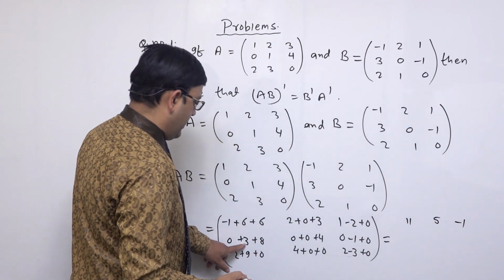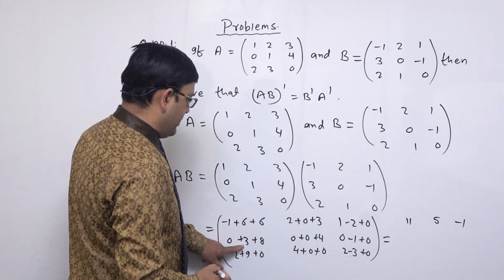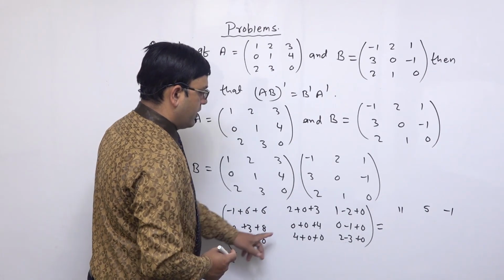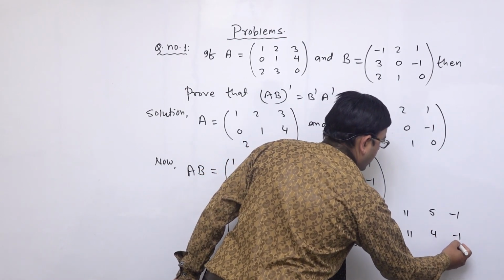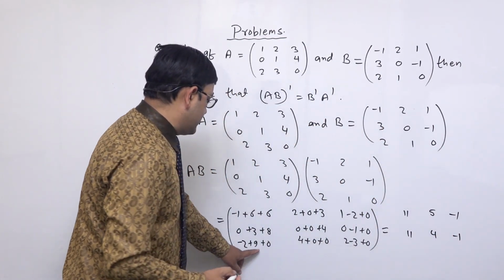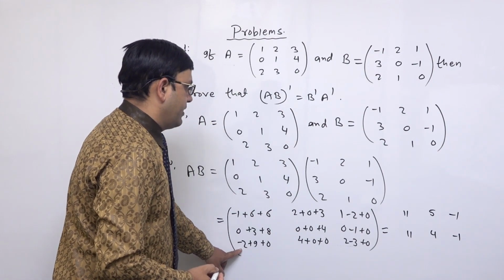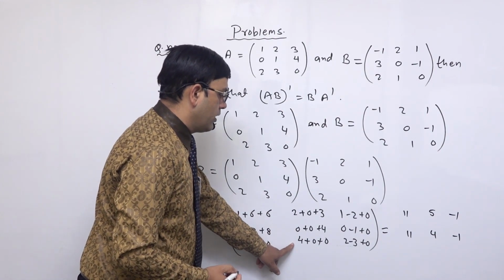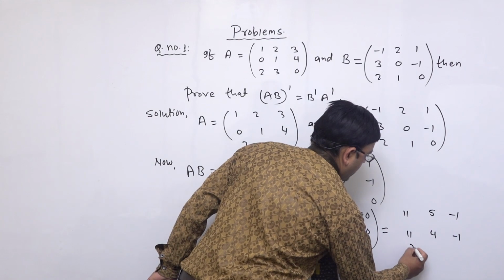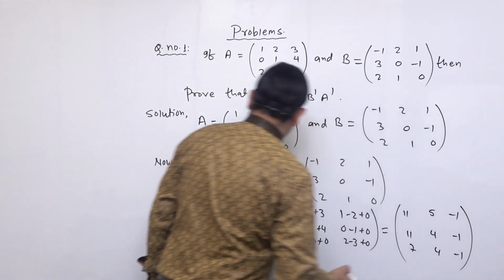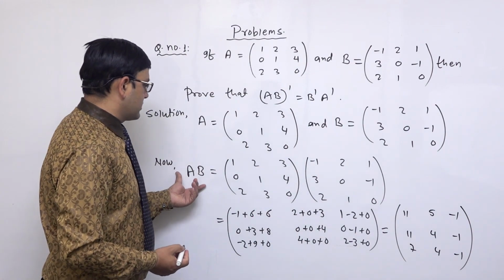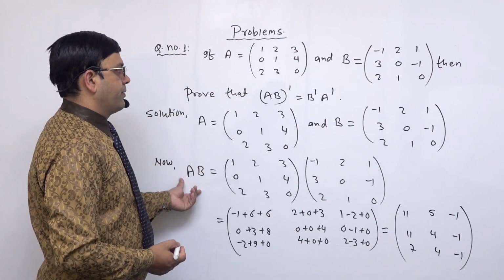Similarly, 8 and 3 became 11, this one is 4 and -1: 11 4 -1. Next, 9 minus 2 is 7, and 4 and -1: 7 4 -1. This is the product of AB matrix.